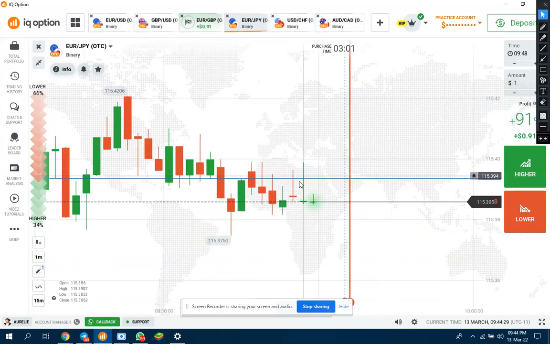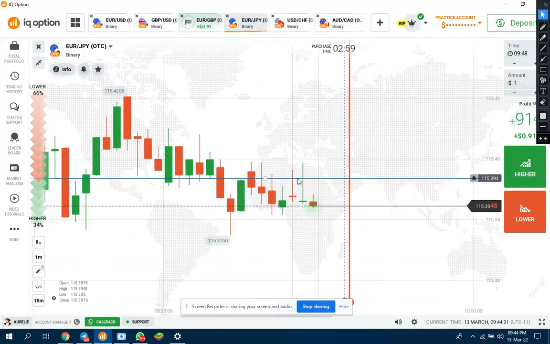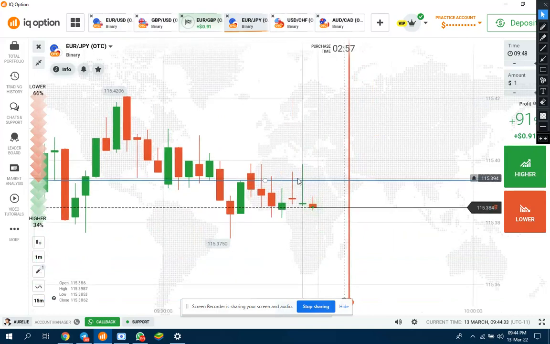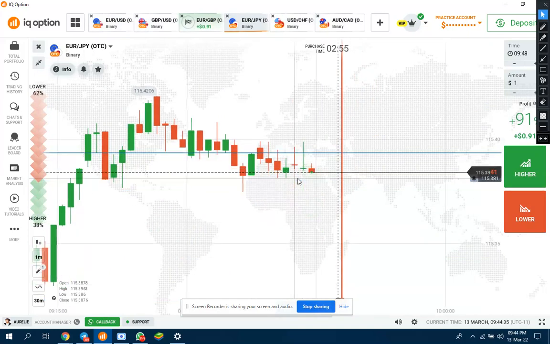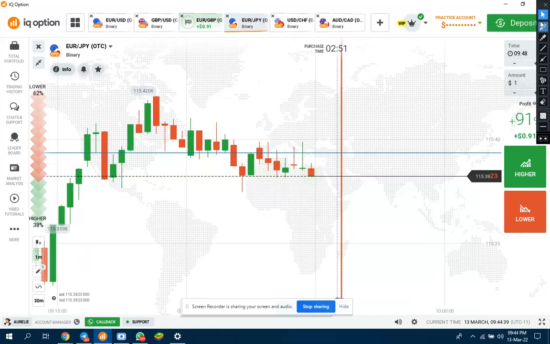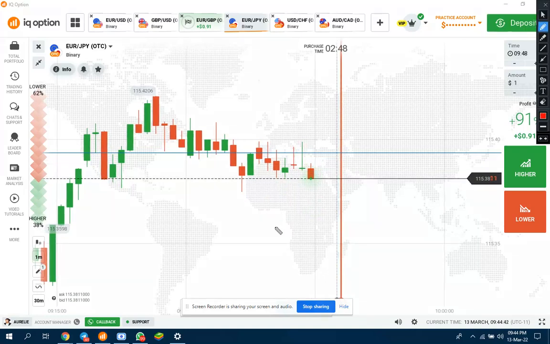Again, the bias is unable to break the level. So this pattern looks like this, something like this.